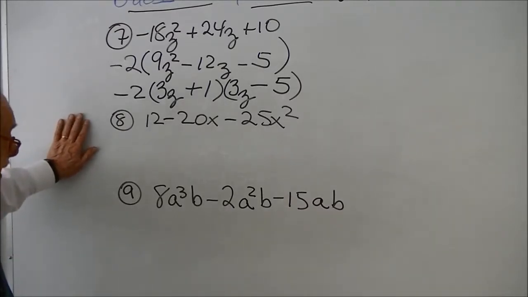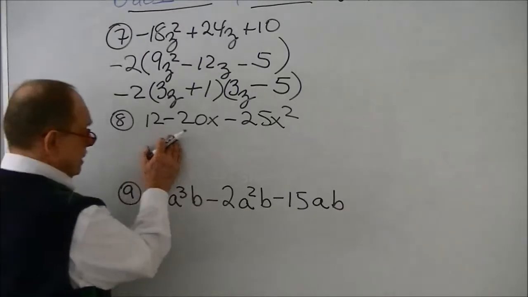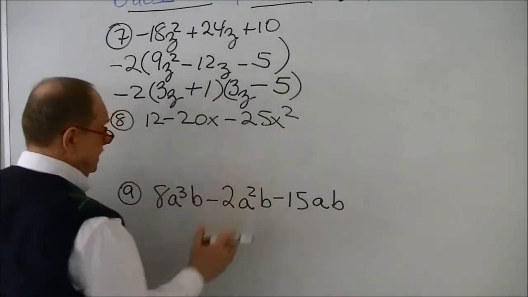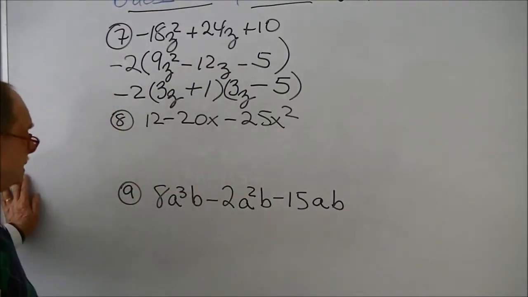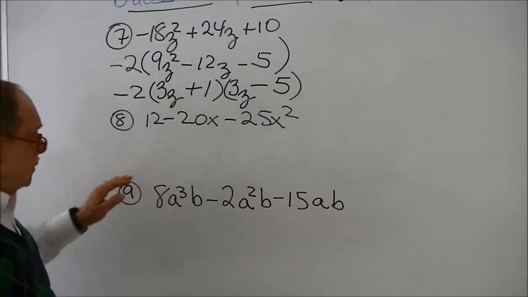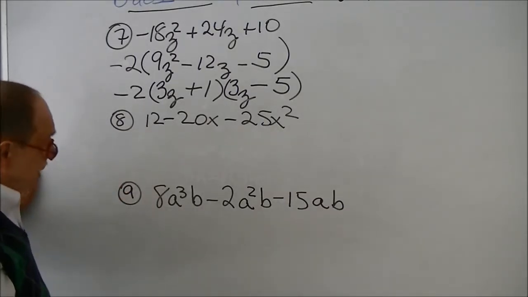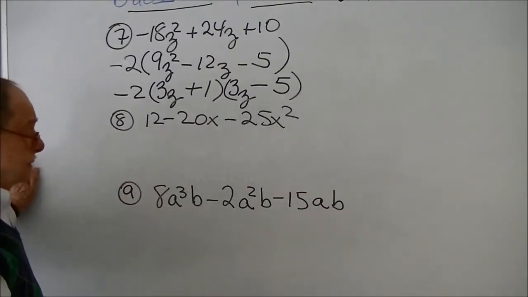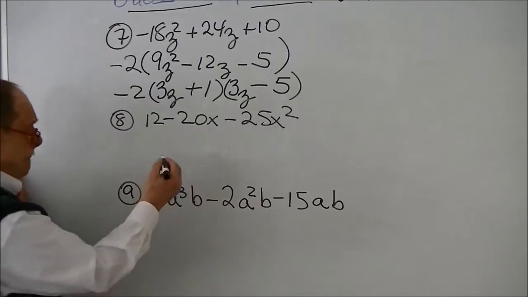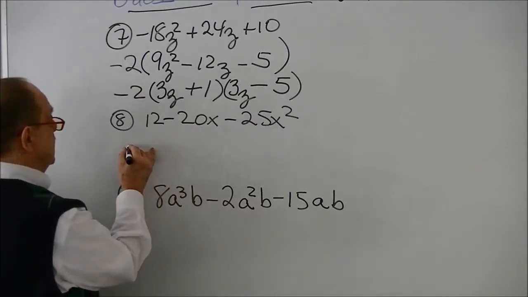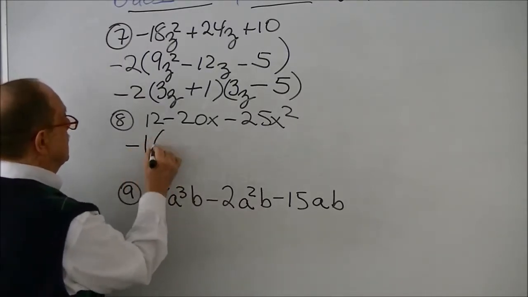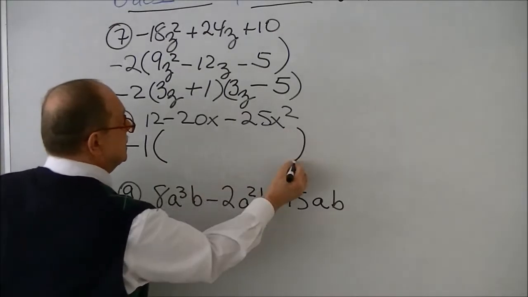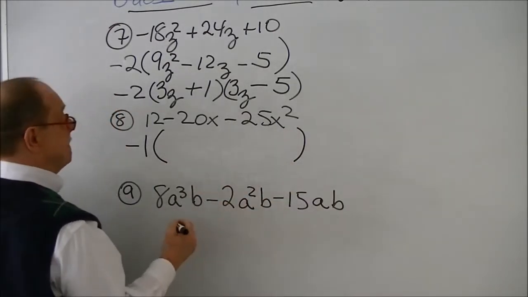Okay, for number 8, notice this is ascending. Now, could you possibly factor it in this form? Yes. You could also reverse it and take out a -1. So let's do that. So we're going to take out a -1, and we're going to reverse and put it in standard form.